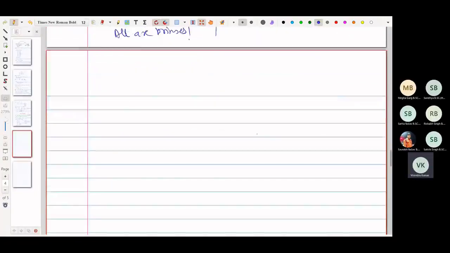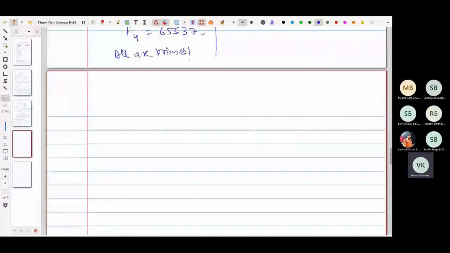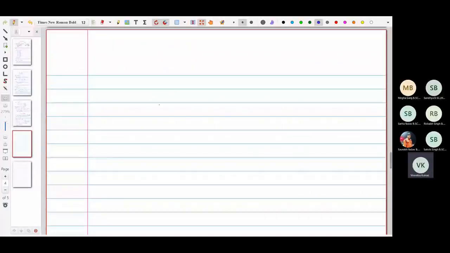So what is the conclusion? Based on this, Euler concluded that there may be many Fermat primes, but they have not been found of course. So he said that every Fermat number is not prime.